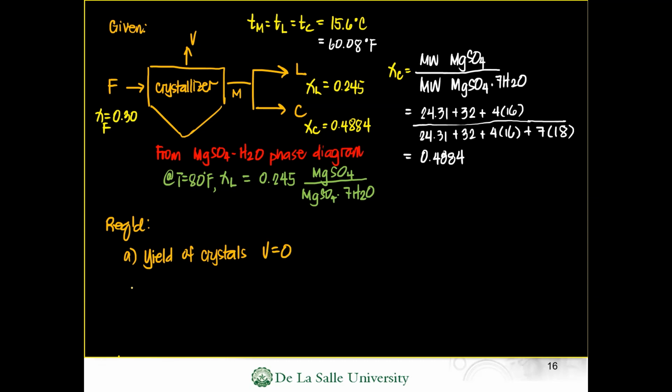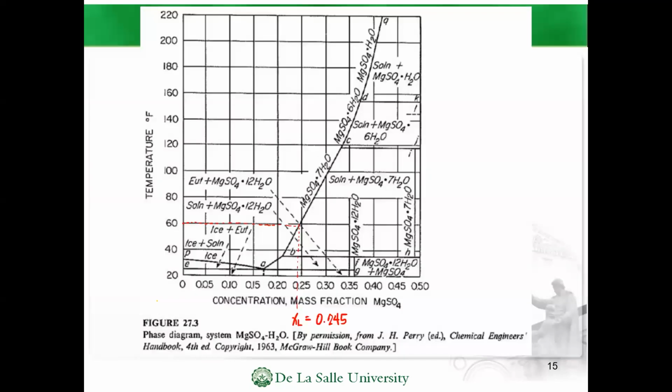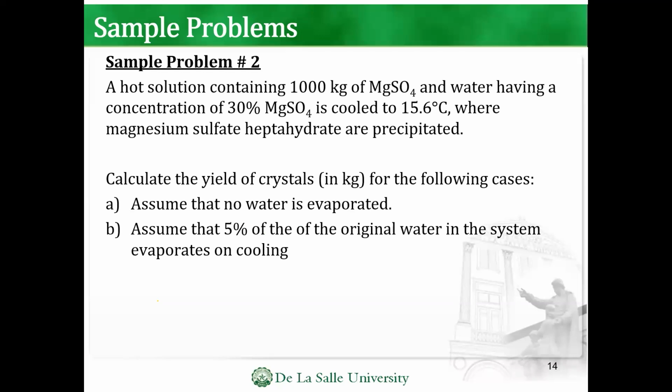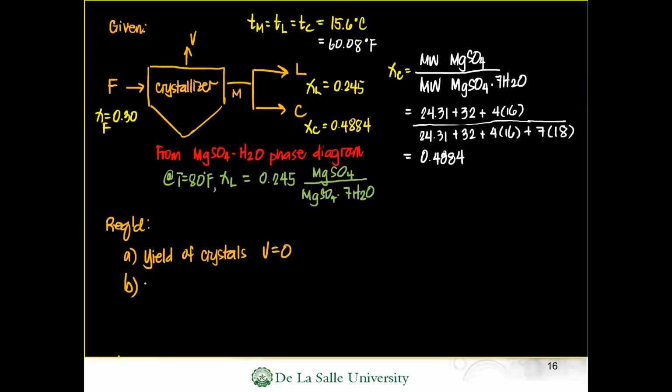And then letter B, the yield of crystals, assume that 5% of the original water is evaporated. Yield of crystals, where V is non-zero, it's 5% of water in the feed. Okay?